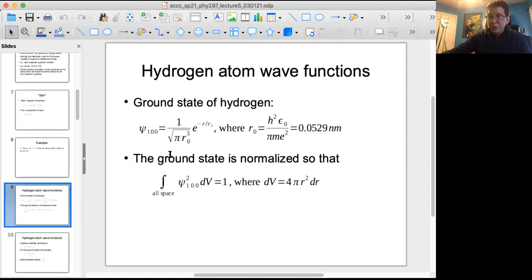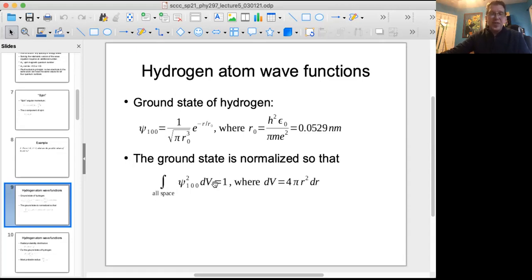So the ground state is normalized. So, this is the wave function. Remember, the probability is equal to the square of the wave function. So you're integrating the probability over the entire volume. So now we're not talking 1 dimension, we're talking 3 dimensions, because the electron moves around a sphere, not around a circle. And so the integral is equal to 1.